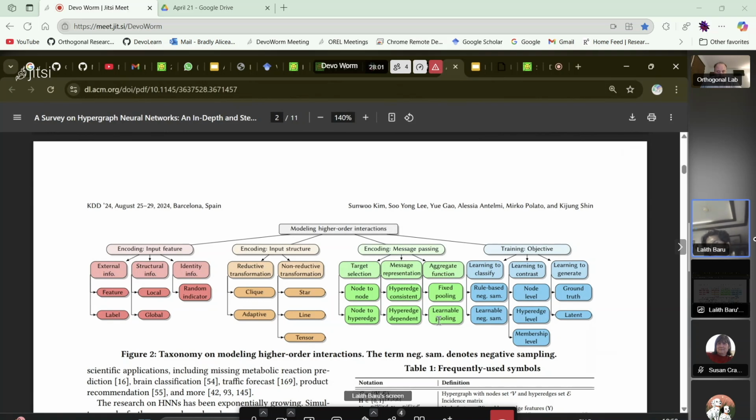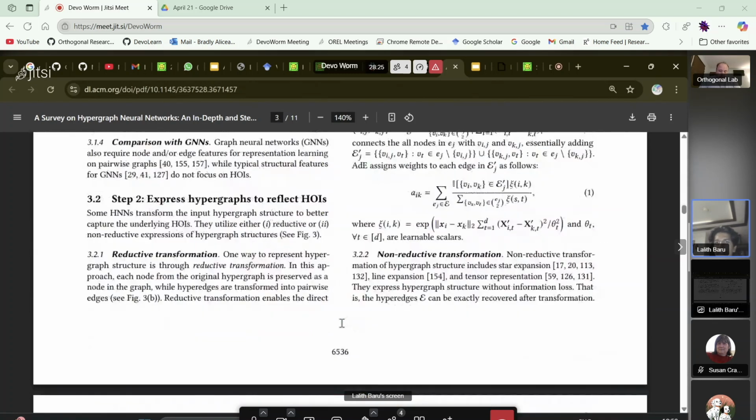Once the message is passed, we have to learn to aggregate the correct messages into the right set of hyperedges and right set of hypernodes. For that, we need an objective function or loss function that is very much aligned to the problem that we are trying to solve. So that is the last step, the objective function.